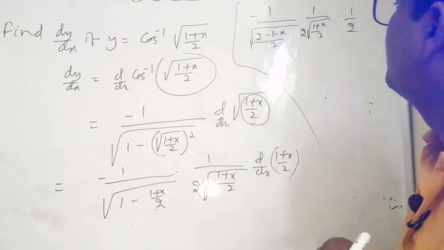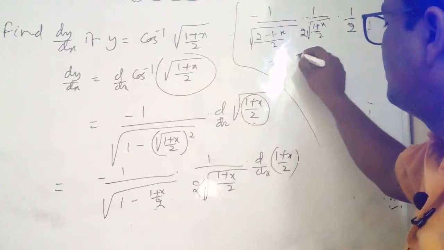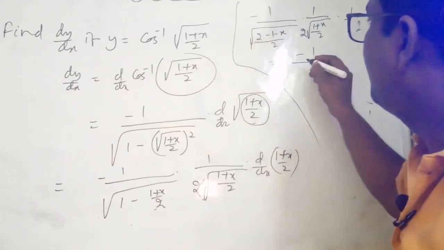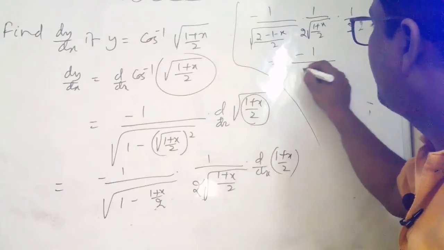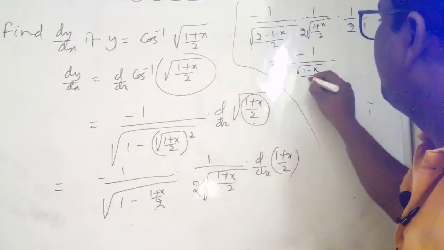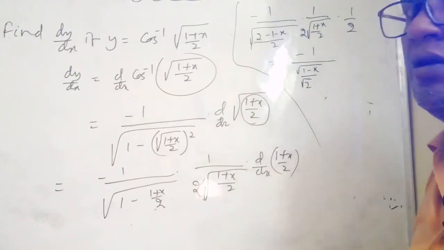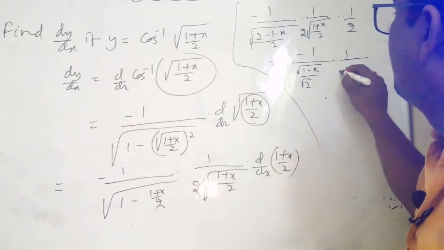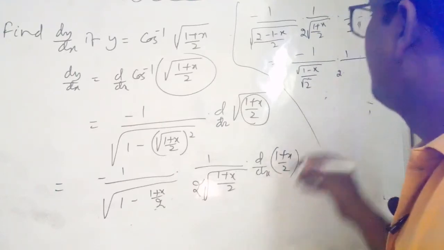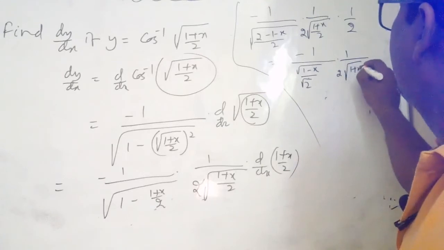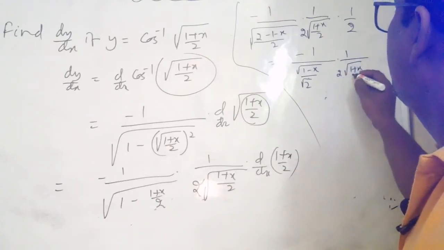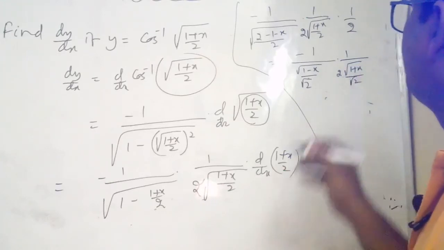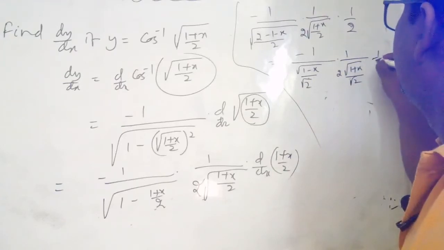So this is equal to minus 1 by root 2 by root 2, into 1 by 2 into root over 1 plus x, and this is root 2, and this is 1 by 2.